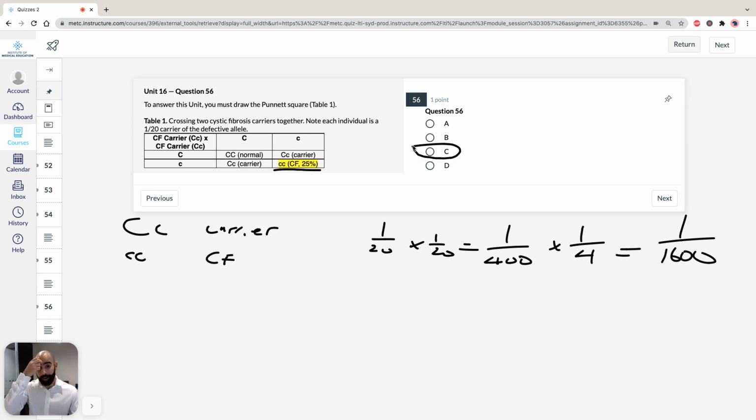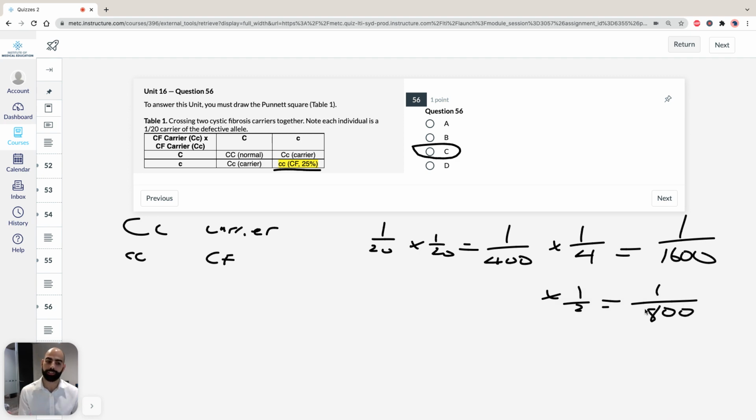And you can probably be smart about this. You can use more mental arithmetic if you want, and some simple maths. You can think about it logically and say, well, if you're going to be a carrier, it's going to be, I guess, half of the population. So we can times this by half, and it would be 1 over 800.